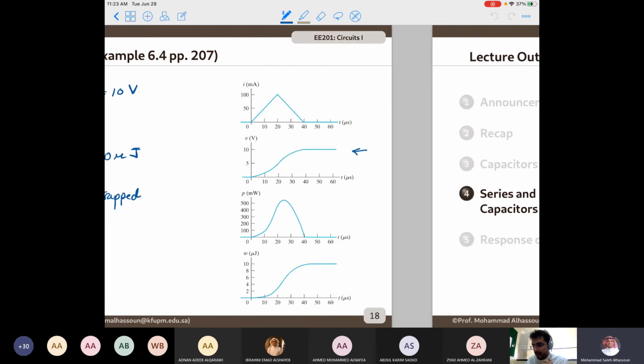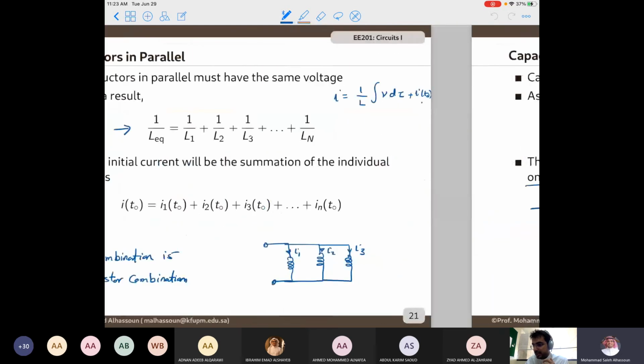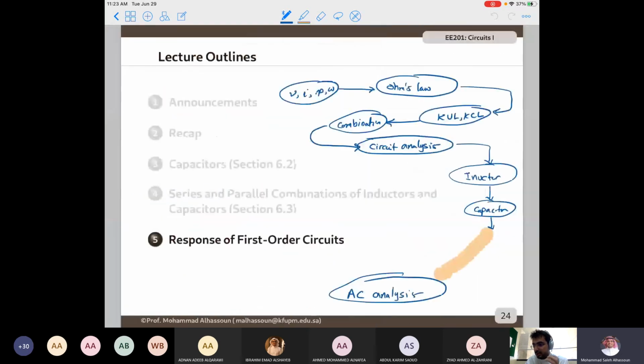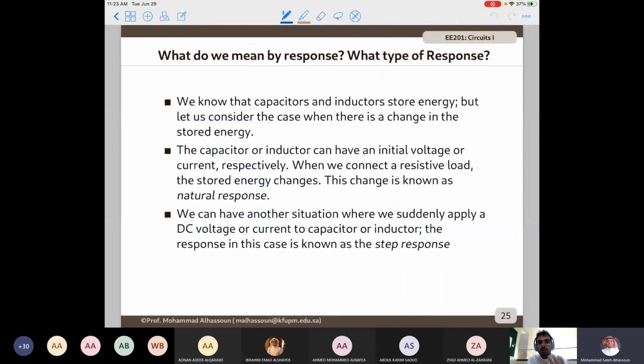This is the type of response that we're going to study: the voltage across the capacitor when we just connect a resistor, or the current across the inductor when we connect a resistor. And this is known as the natural response of an RC or RL circuit.